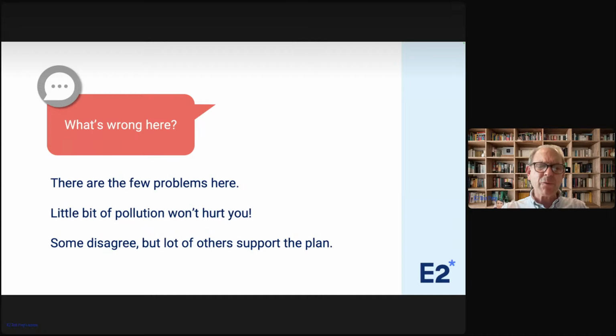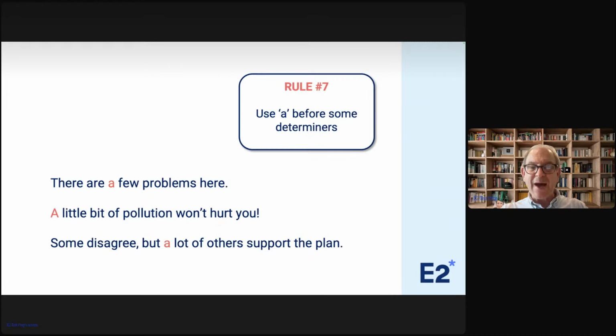A little bit of pollution won't hurt you. Some agree to some degree, but a lot of others support the plan. Some disagree. Use a before some determiners. How many? A few. How much? A little bit. A lot of others. Lots of others, or a lot of others.